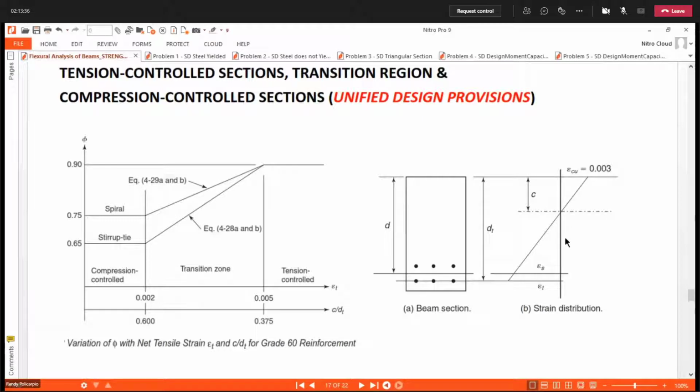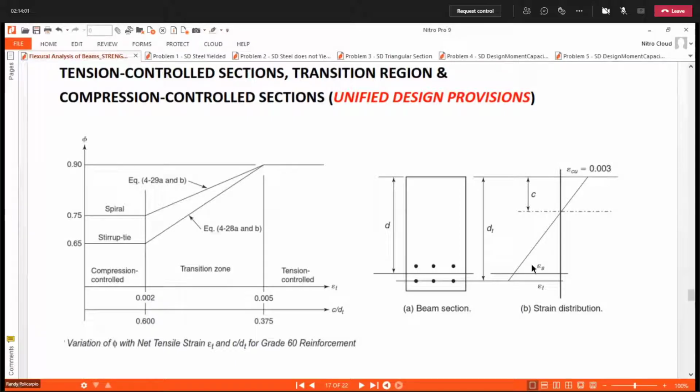So yung pinakamalayong layer ng bar dun sa ating extreme compression fiber. So usually ito yung unang layer ng bar dito sa ating tension side o dito sa ating tensile reinforcement. Ito yung kinukuha natin, epsilon t.